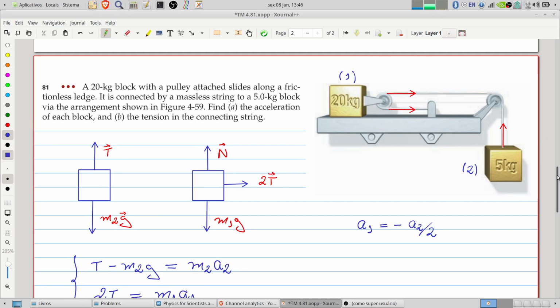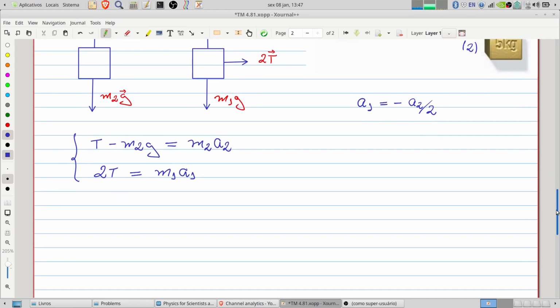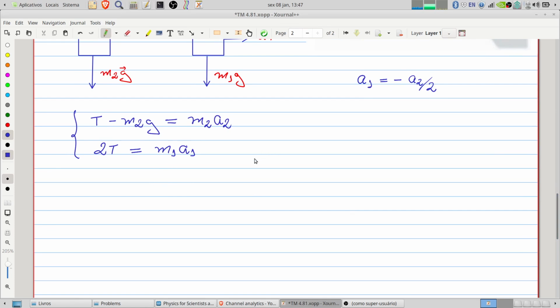Okay? We can solve in the future a problem using many pulleys to address specifically this type of movement. Okay, so we have this relation between the accelerations, so it's easy to solve the problem.